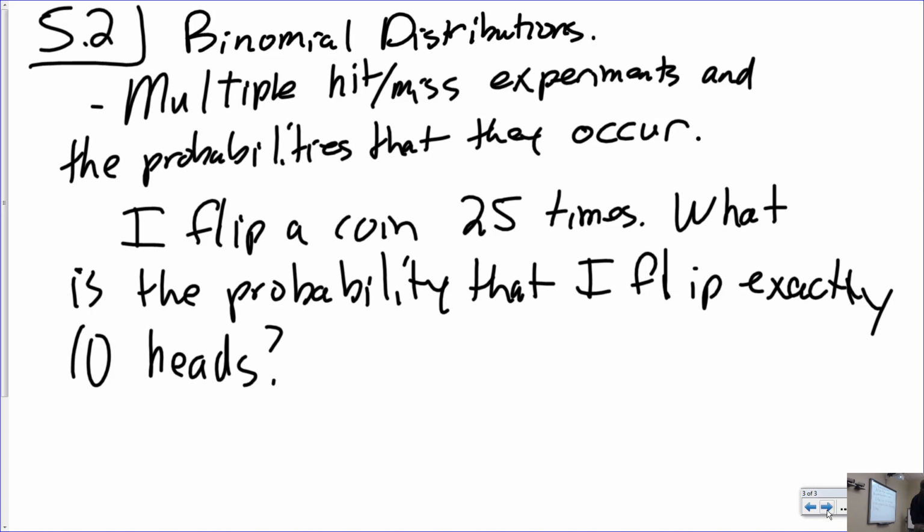That's a lot. How many different ways can you flip a coin 25 times, and how many different outcomes can you get?